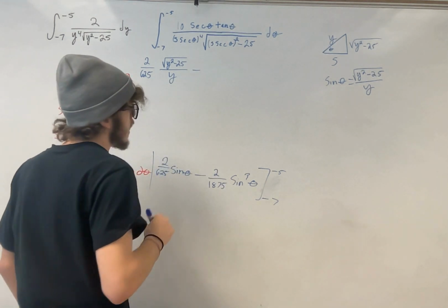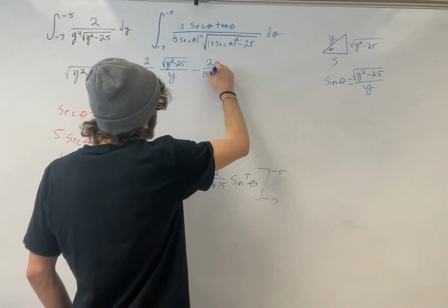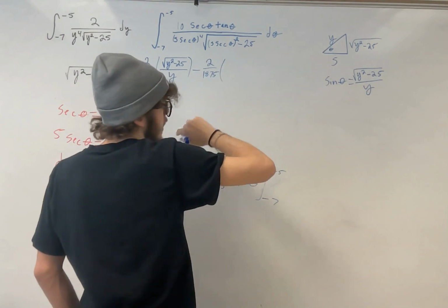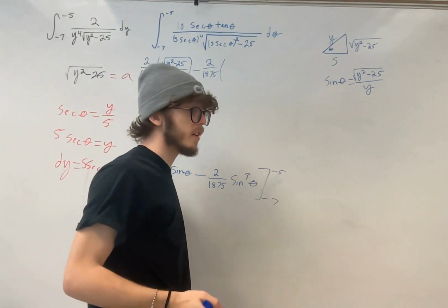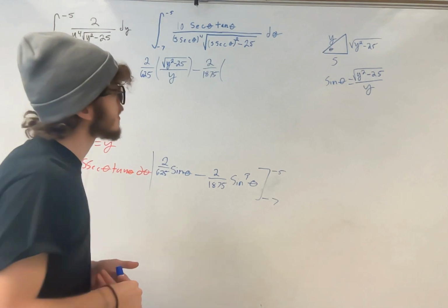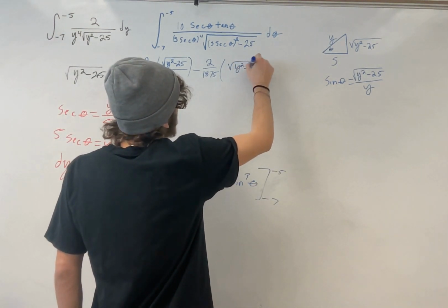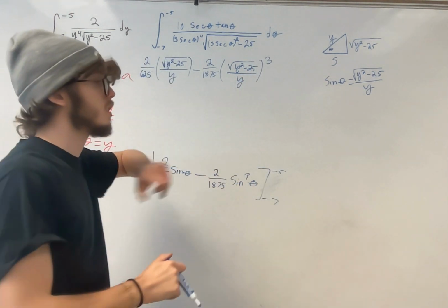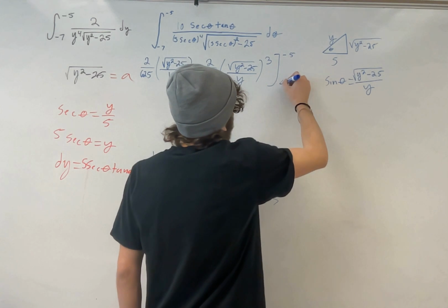And then we subtract it by 2 over 1875 multiplied by square root of y squared minus 25 over y, but this quantity is cubed, right, because it's sine to the cube. And we're evaluating this at -5, -7.